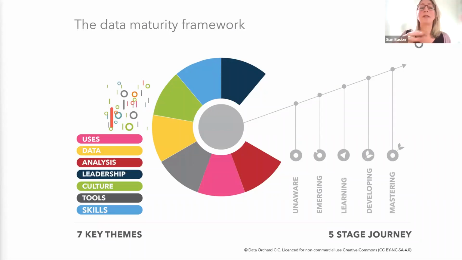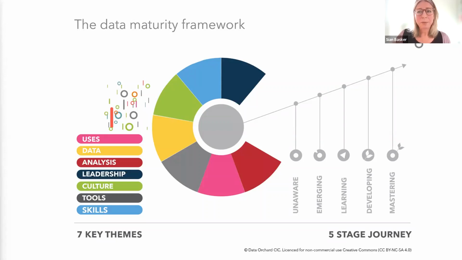So what we found in our research, working with hundreds and hundreds of charities and social enterprises and public sector organisations, is that there are these 7 key themes that are absolutely critical to progressing on this journey. And a couple of them are really obvious. Obviously, you need some data and you need some tools to collect and analyse and store and so on and use it.